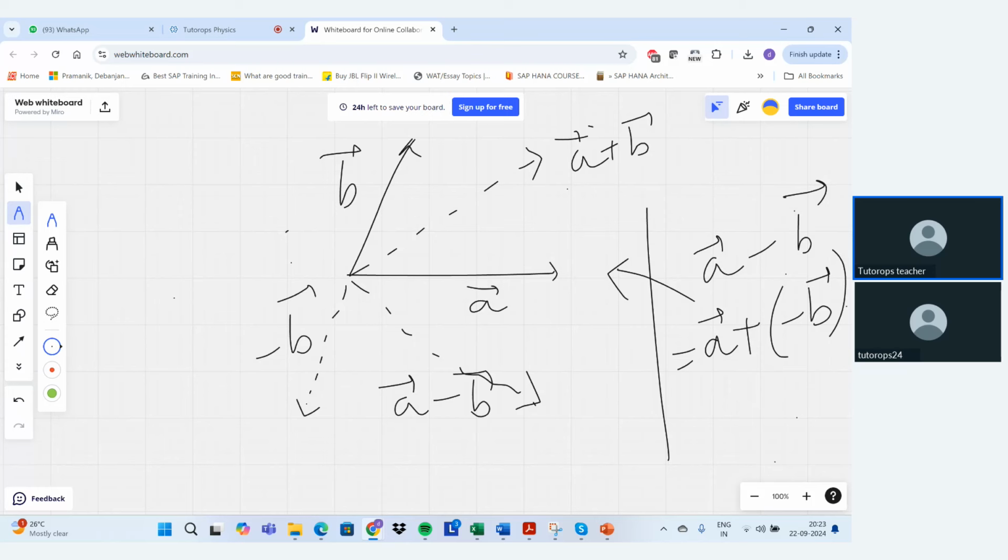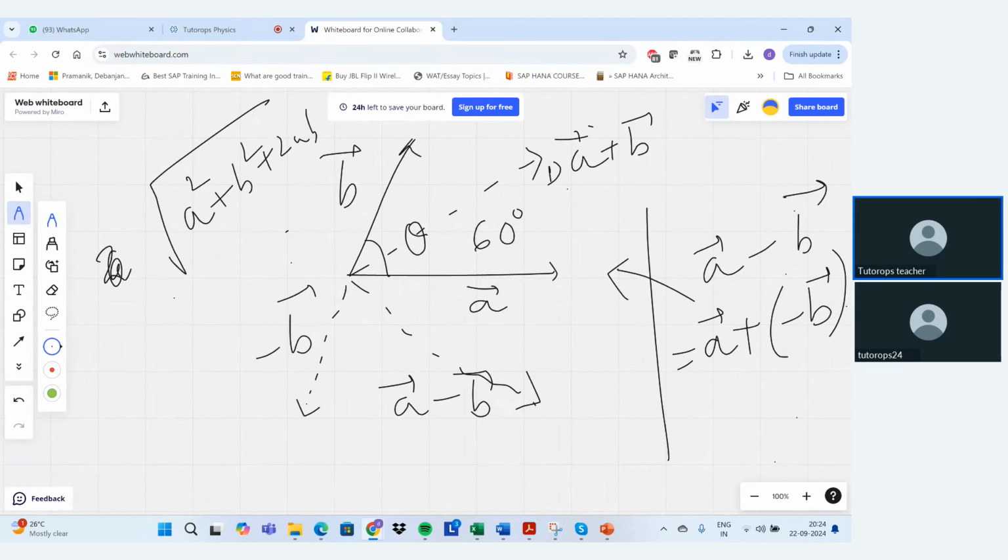Cool. Okay, so same way, for example, this is my theta, and my theta is 60 degrees. Now, coming to the earlier logic, if this is my resultant vector, this will be the square root of a square plus b square plus 2ab cos theta.